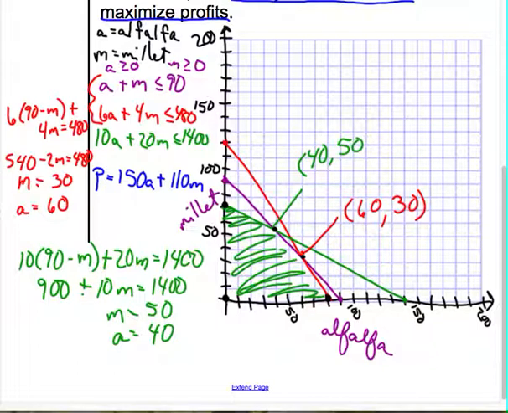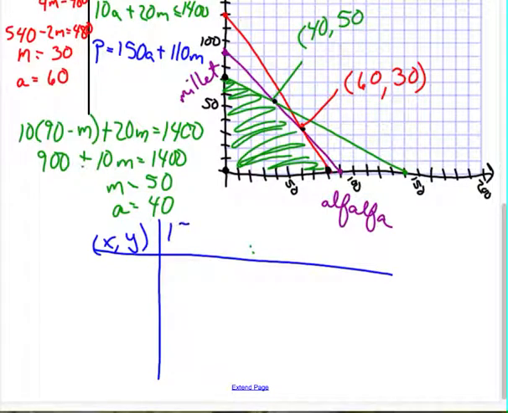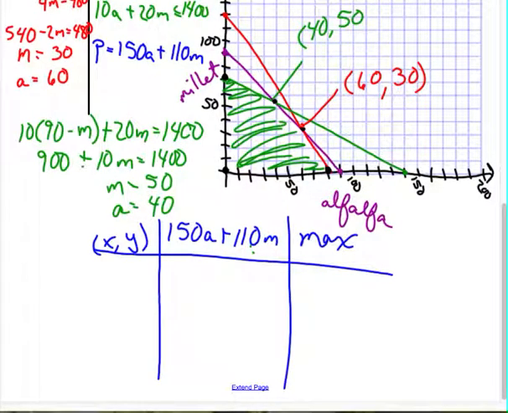And then in order to see which ordered pair maximizes our profit, that's where we're going to go ahead and use that objective function. So we've got our XY coordinates, our profit function, and we want a max. So we have 4 ordered pairs that we have to check. Right here, that would be 80, 0.